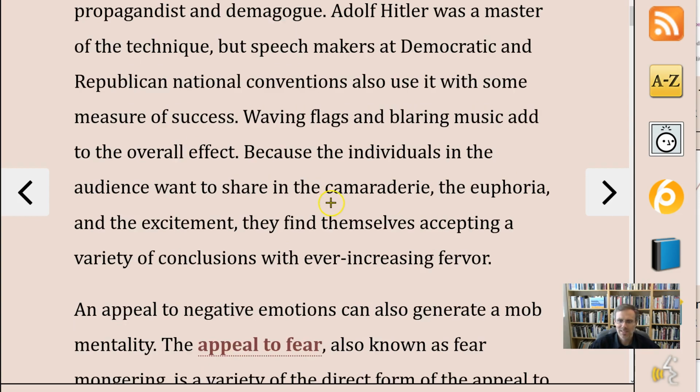With a direct approach, there's just a direct appeal to things like the camaraderie, euphoria, and excitement of something like a political convention. And Hurley gives that as an example. The euphoria, the excitement, the enthusiastic participants don't really give any good evidence that the platform or claims of the political party are true, but it can be very persuasive on us as listeners.